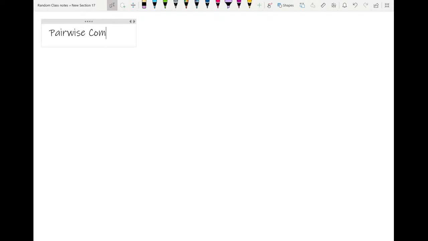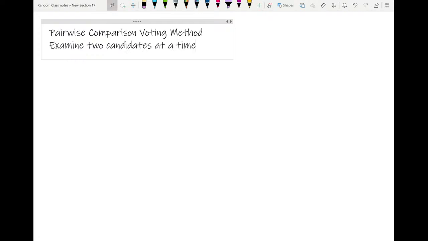Pairwise comparison, the method: you compare 2 candidates at a time in a head to head matchup.